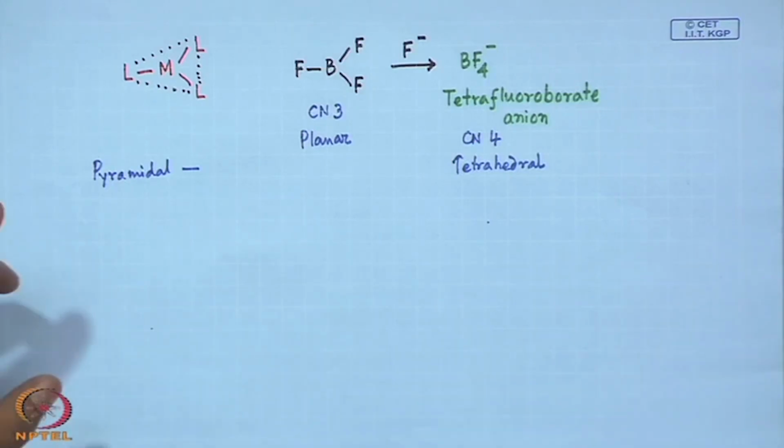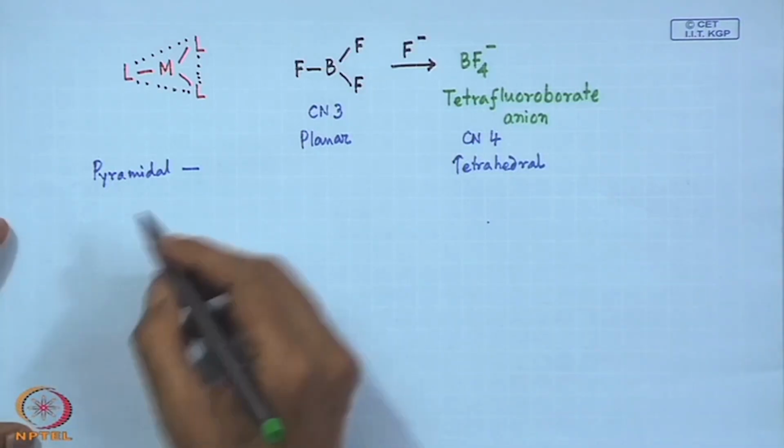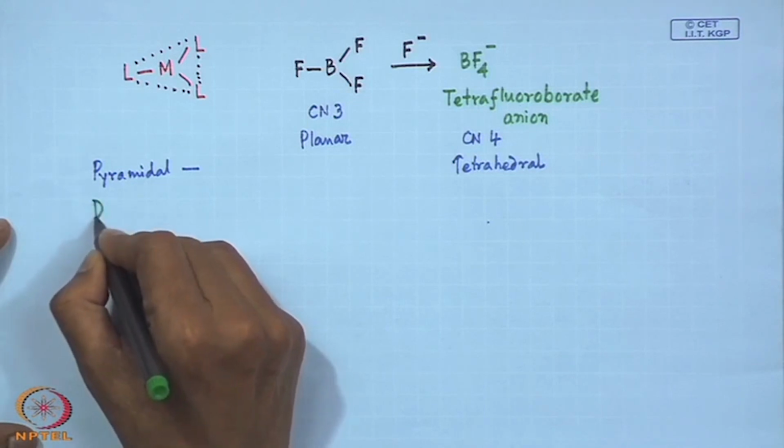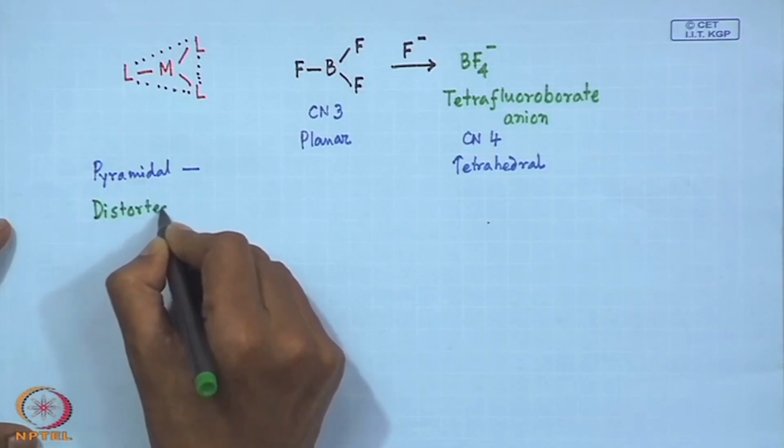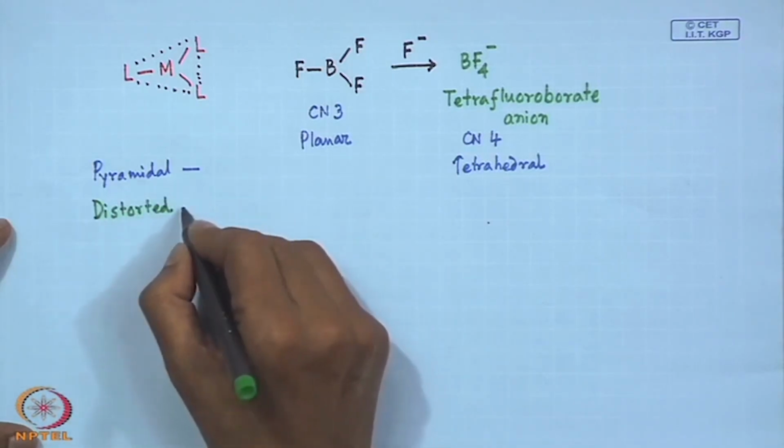So, this pyramidal geometry or some distorted equilateral triangle. So, sometimes we get a typical pyramidal geometry or distorted equilateral triangle.